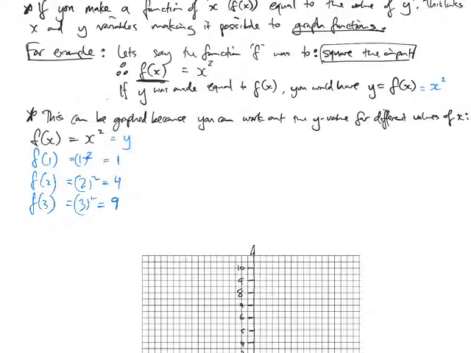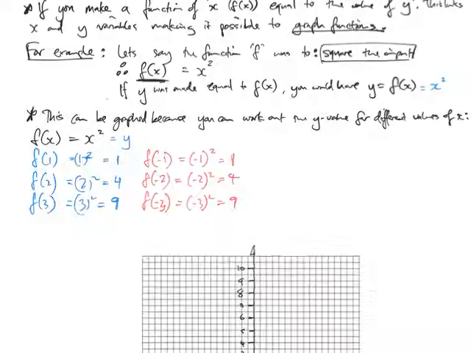Let's chuck in some negative values here in red. We're working out the function of it being -1. It's going to be -1 going through the function of being squared. -1 times -1 is going to be 1. f of -2 is going to be -2 squared, which is 4. f of -3 is going to be -3 squared, which is 9.